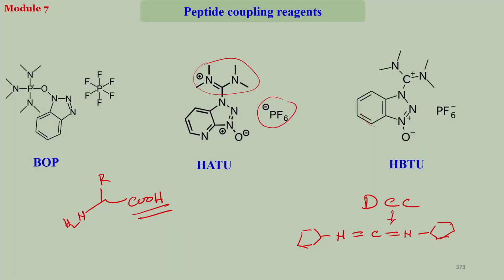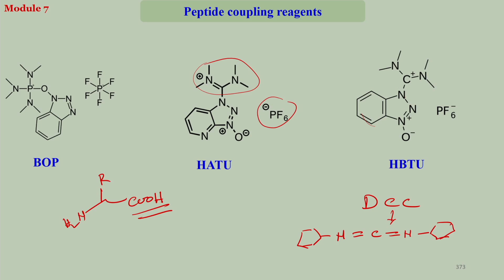Now comes the coupling reagent that we have talked about. I stopped there in the last lecture. So, there are several types of coupling reagents, and the variations are because of different factors, like some will induce more racemization, some will induce less racemization, and so on, and there are other factors involved which I might be talking about.